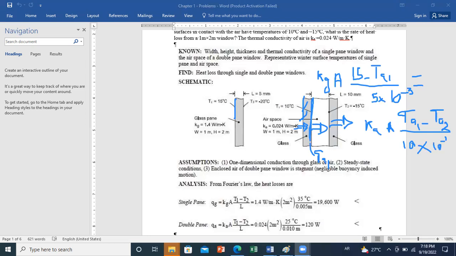This equals k glazing for the second glazing layer, times TR2 minus T outside. T outside is minus 20, so minus minus 20 is plus 20, over 5 times 10 to the minus 3.